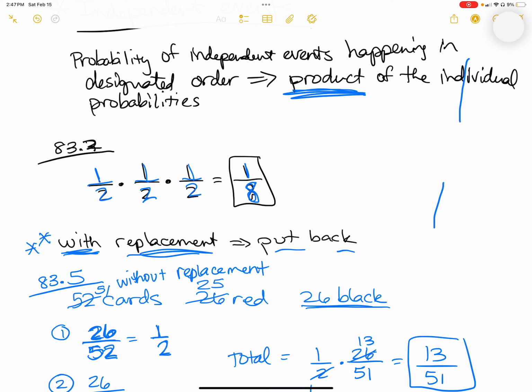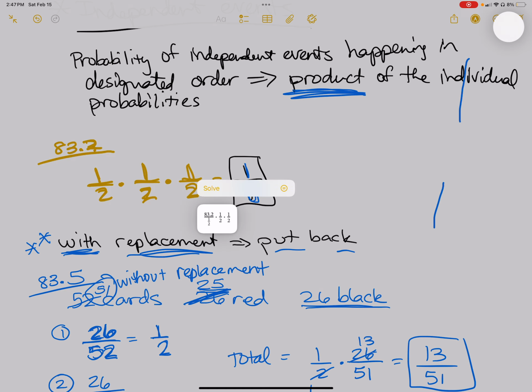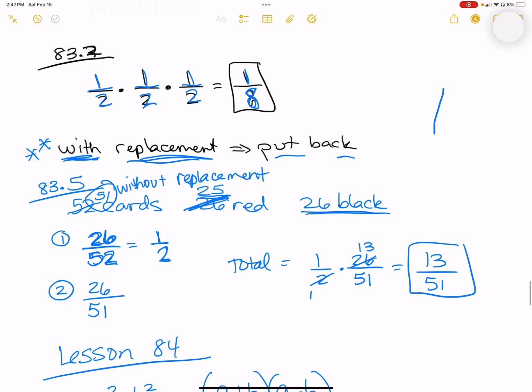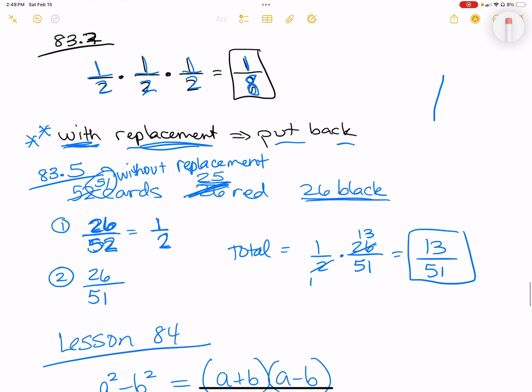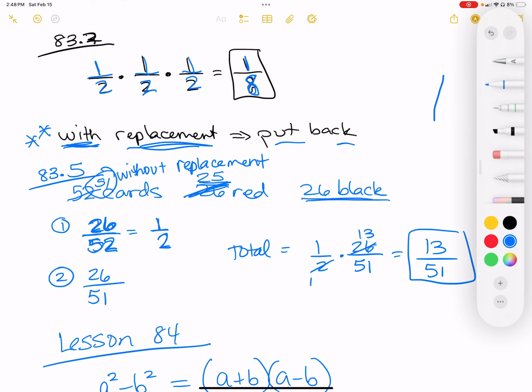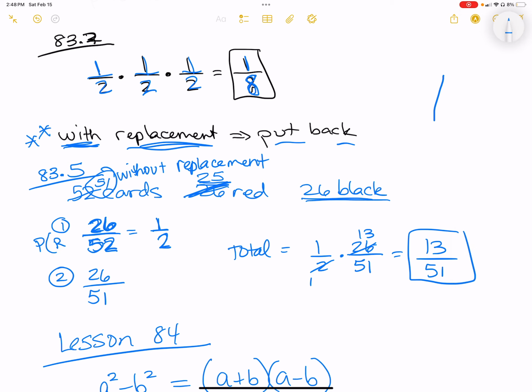So assuming that first card is red, now I only have 25 red cards in the deck out of 51 total cards. The probability of getting red the first time is this, and then the probability of getting black on the second draw is now 26, because there's still 26 black out of 51 total cards.